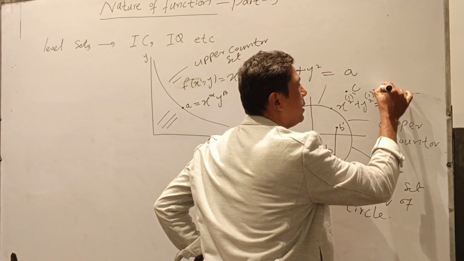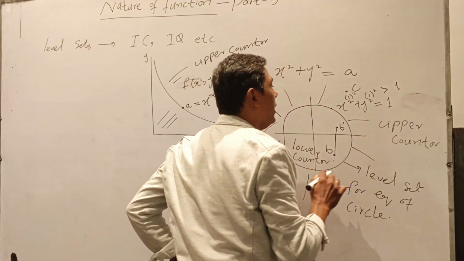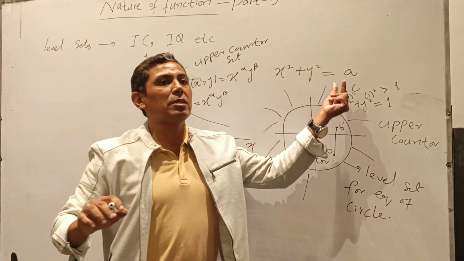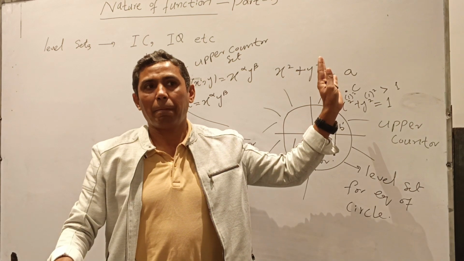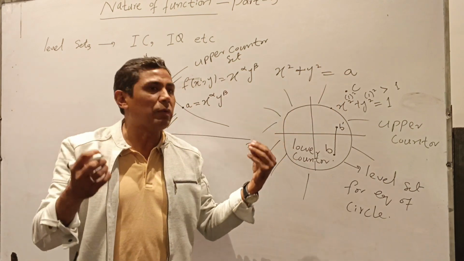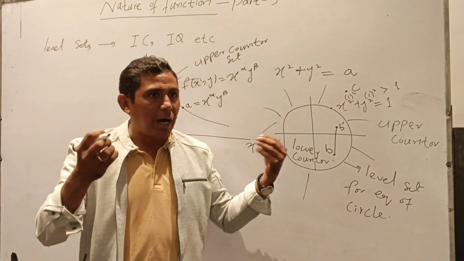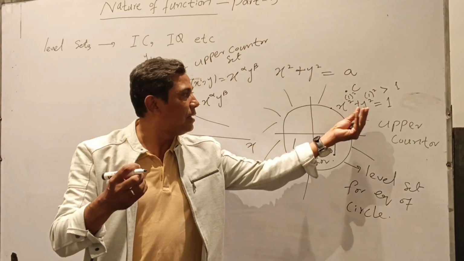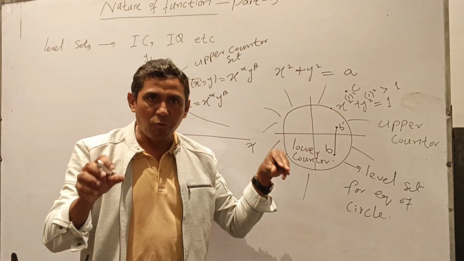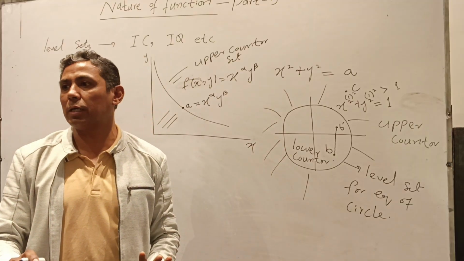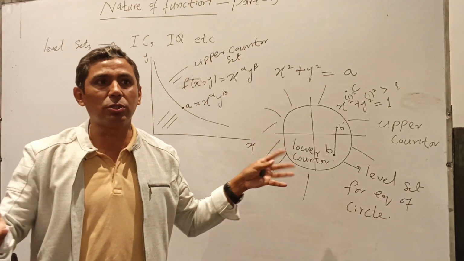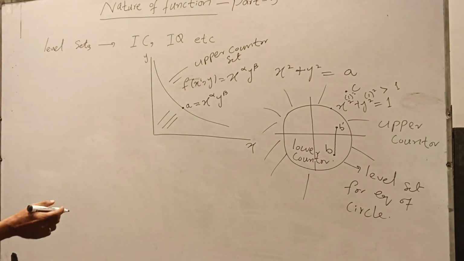So it means कि these values are called upper contour set. Clear? And those values which give the answer less than 1, when we substitute the value of x and y, they are called lower contour set. Clear? यही कंडीशन होती है ना सर्कल की इक्वेशन की, कोई भी सेलेक्ट कर सकते हो.